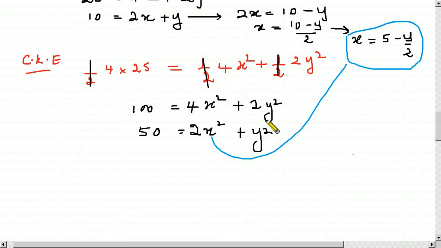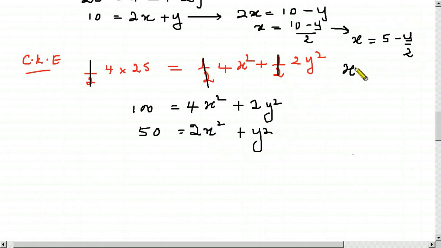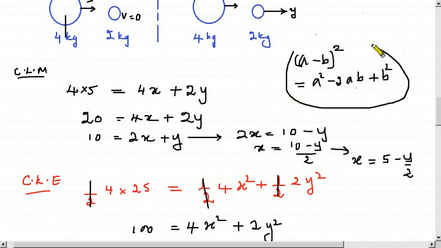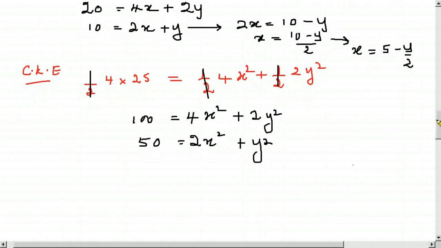Before that let us take the square value of this. To do the square I have to remind you, a minus b squared is what? A squared minus 2 times ab, plus b squared. You remember? That knowledge we need now.